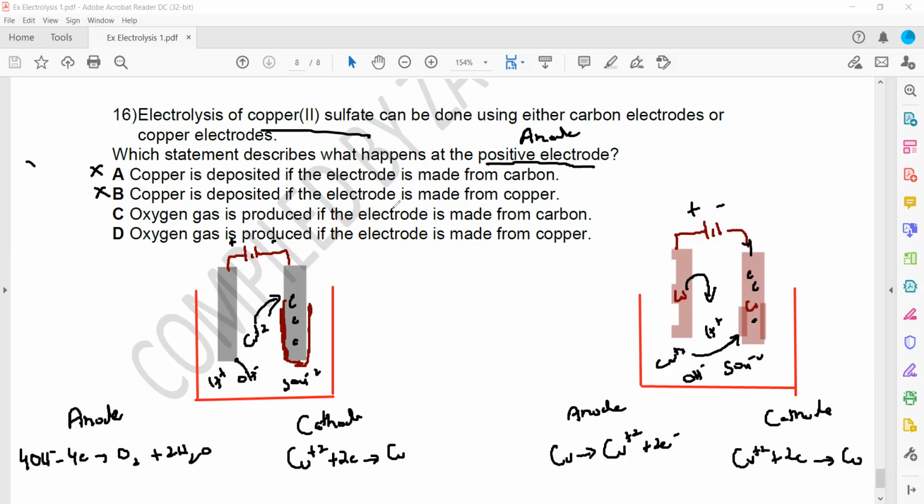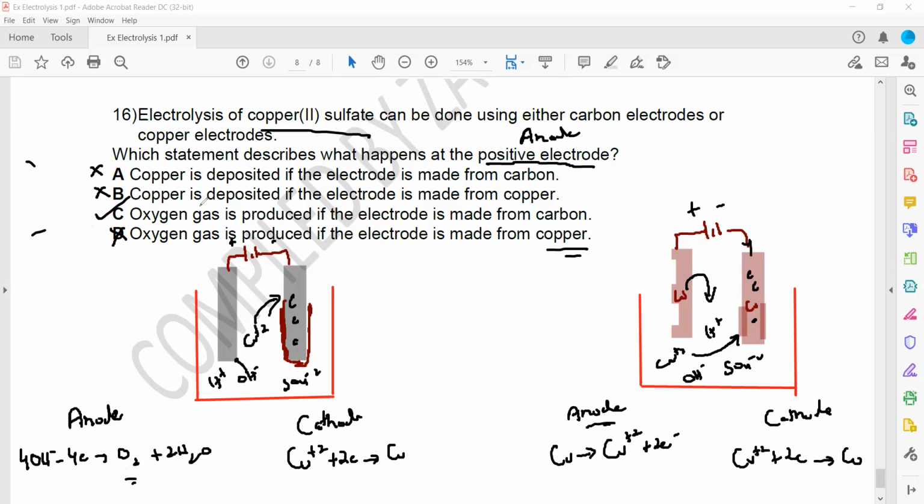Then, oxygen is produced if the electrode is made of carbon. You can see when we are using carbon electrodes, oxygen gas is produced. That's why C is the right answer. And oxygen is produced if the electrode is made of copper. That's wrong. Oxygen is not produced at the anode. Basically, the copper atom turns into a copper ion when we are using copper electrodes.